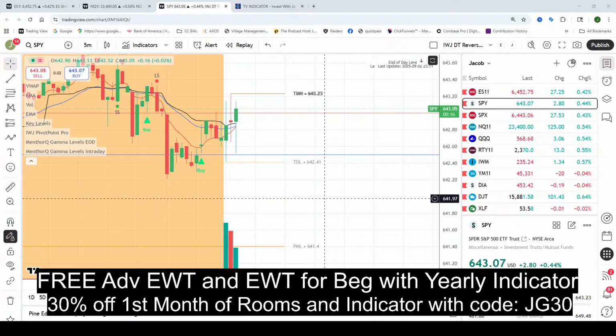ES still trying to work its way higher. Very ugly, choppy open so far. You have NQ trying to work its way lower, ES trying to work its way higher. So we're seeing some mixed signals here.